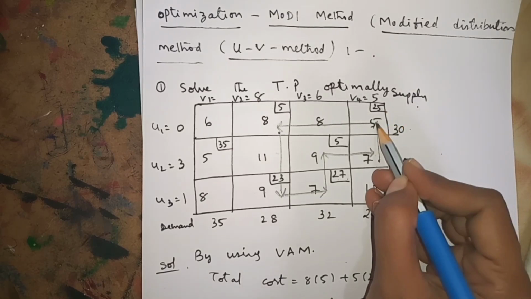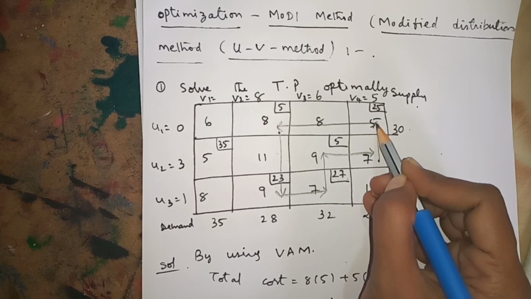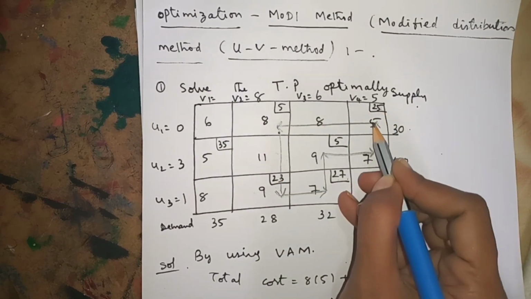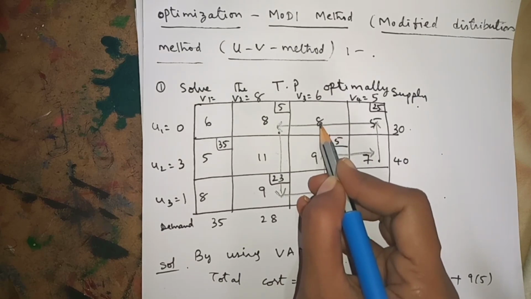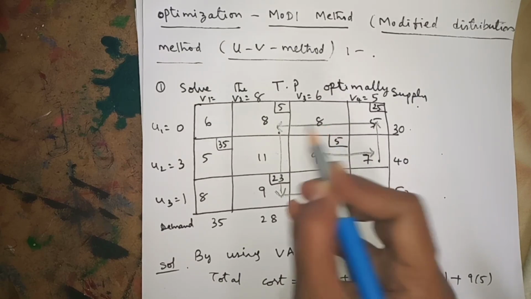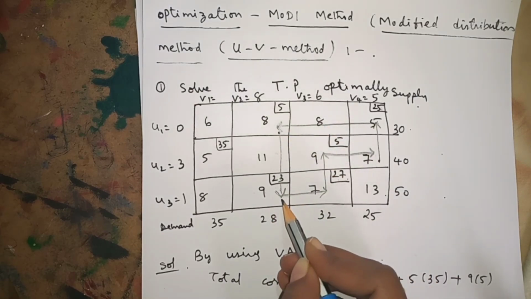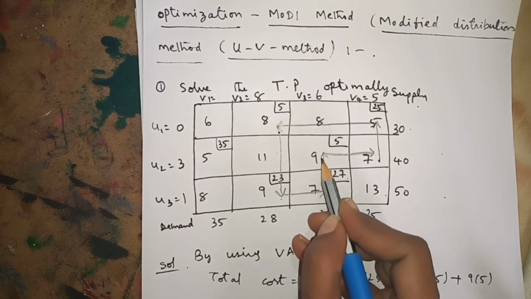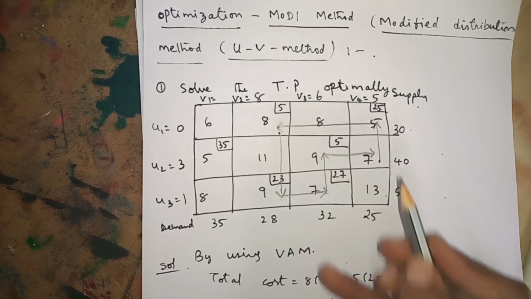Here occupied is there, that's why we came here and we stayed. And from here to here, because here occupied is there. From here to here there is no occupied, that's why we cannot stay and we cannot take a turn. That's why from here to here, from here to here, here occupied is there, we can take a turn. From here also occupied is there, we can take a turn.